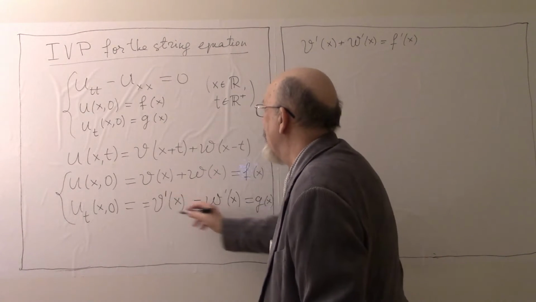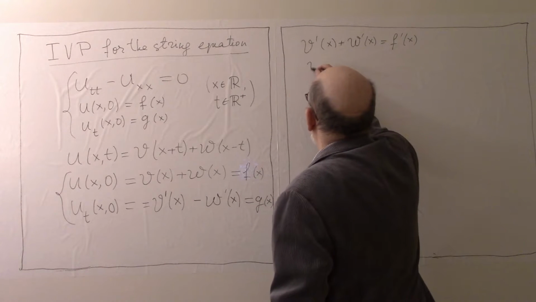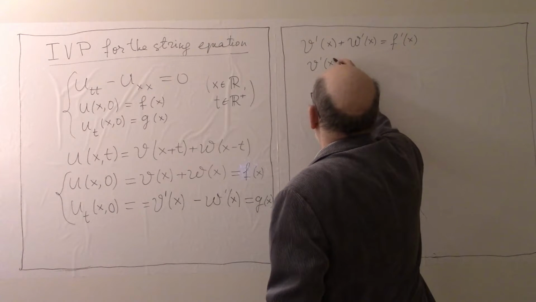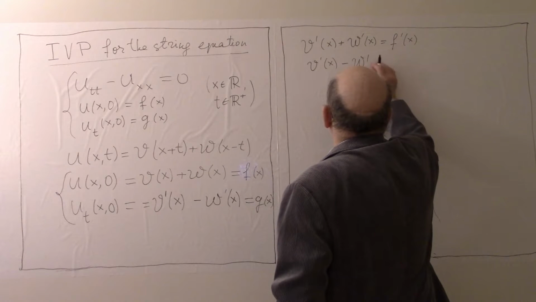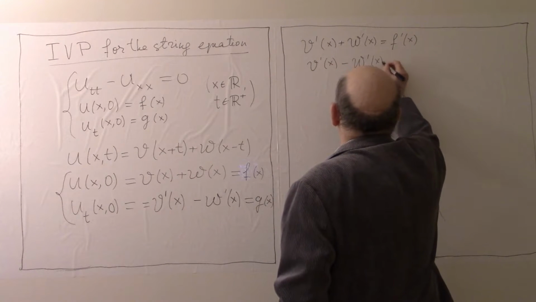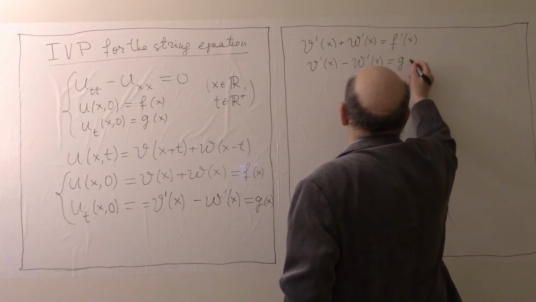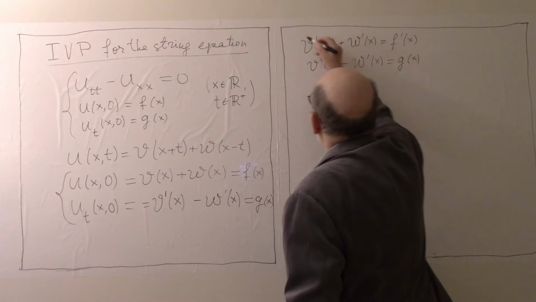And the second, v prime of x minus w prime of x equals g of x.